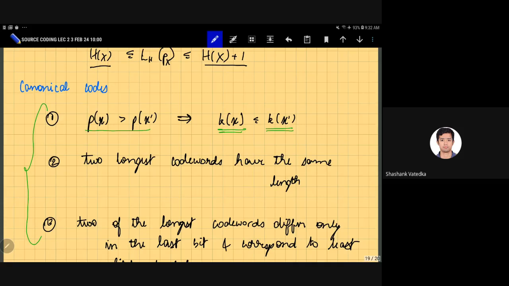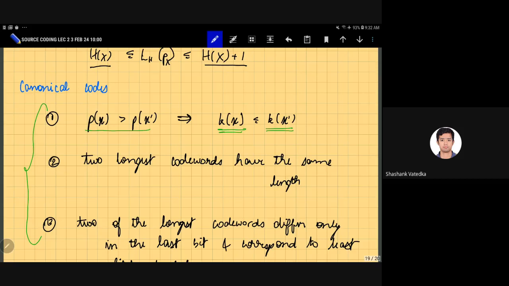So Kusumapriya, you're close, but you need to argue in a slightly different way. Exactly. So suppose that we have any code for which property one is not satisfied.